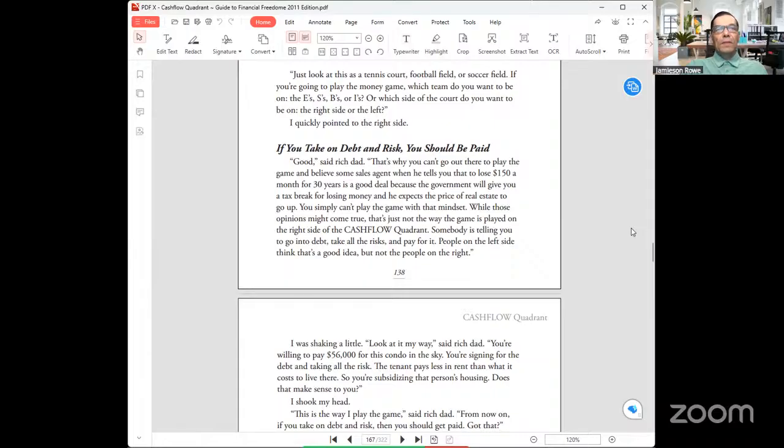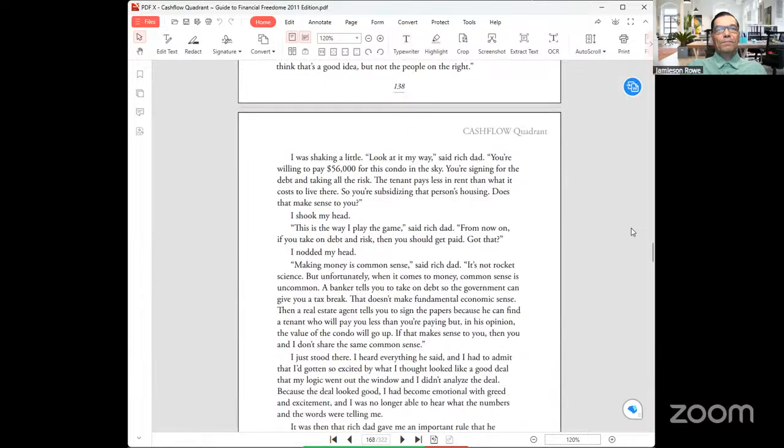While those opinions might come true, that's just not the way the game is played on the right side of the cash flow quadrant. Somebody is telling you to go into debt, take all the risk, and pay for it." Wow. People on the left side think that it's a good idea, but not the people on the right side.